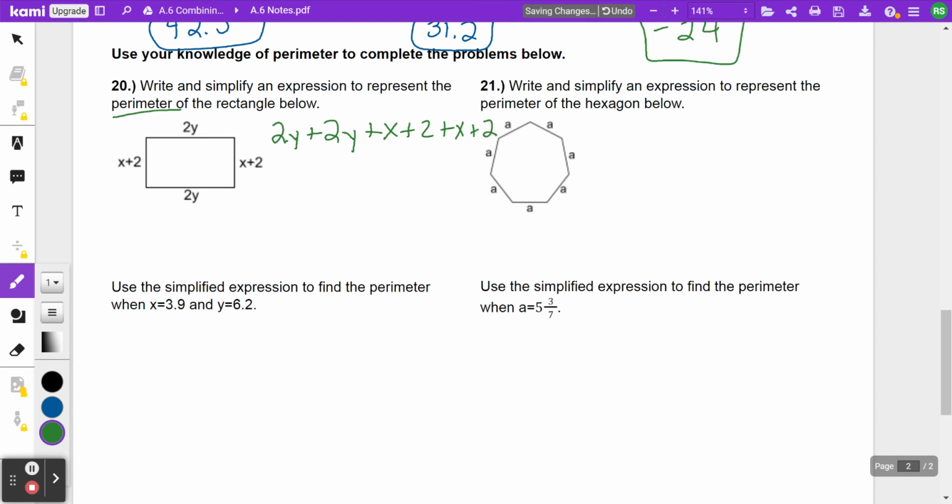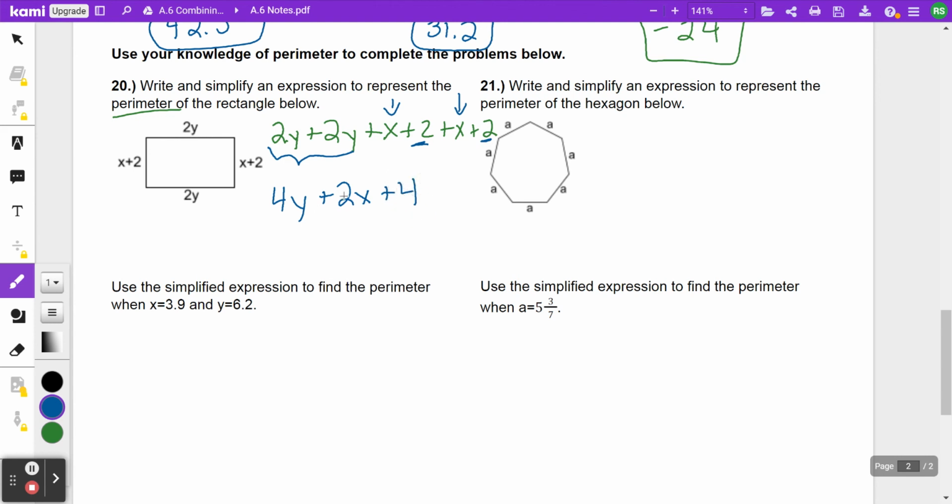Which is kind of a messy expression, but if we combine our like terms, we can simplify it a little bit. So for example, 2y and 2y is 4y. We can combine this 1x with this 1x to make it 2x. And then the 2 plus the 2 gives us a plus 4.